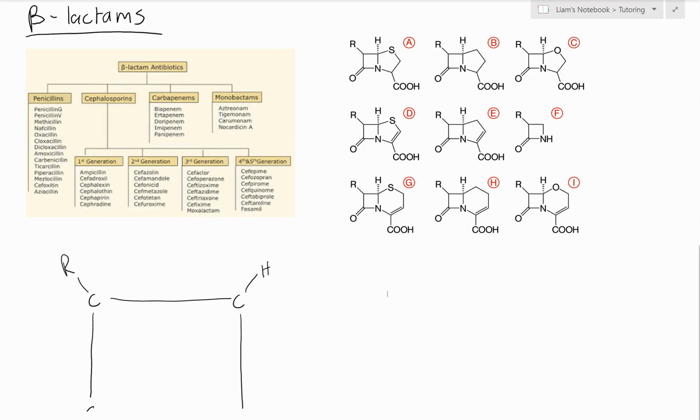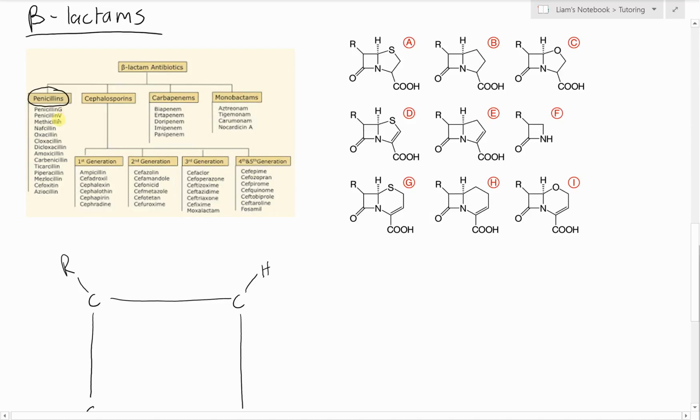Okay, so getting right into it. The beta-lactams are a massive class and probably one of the most famous classes. They gave rise to our first ever antibiotics, the class called the penicillins, which I'm sure you're all familiar with.